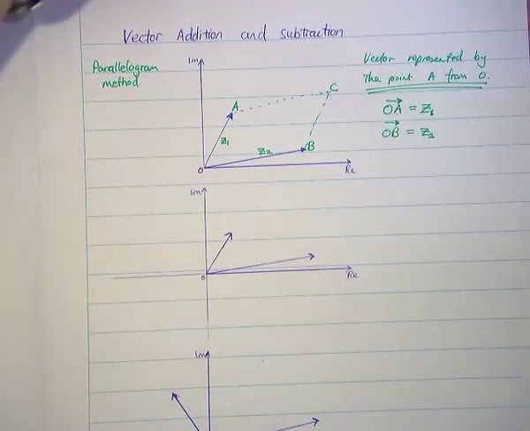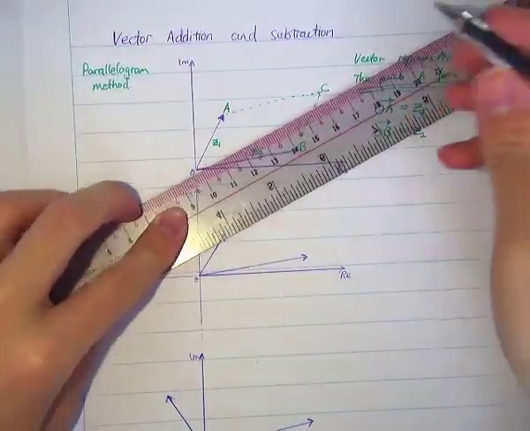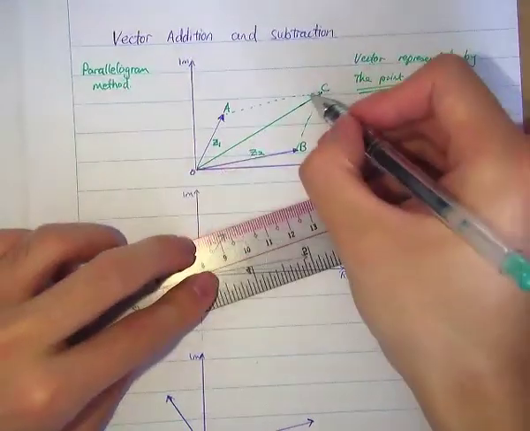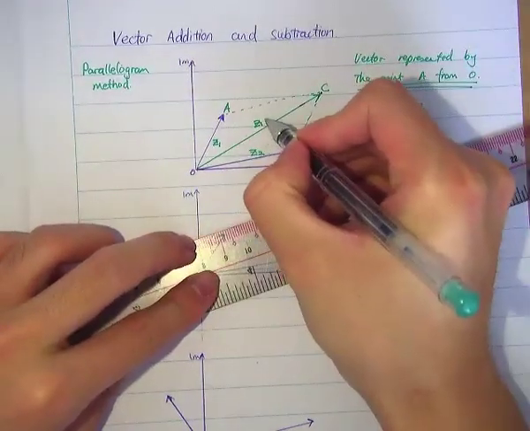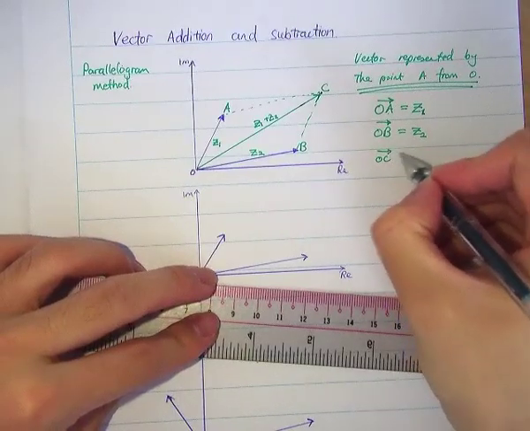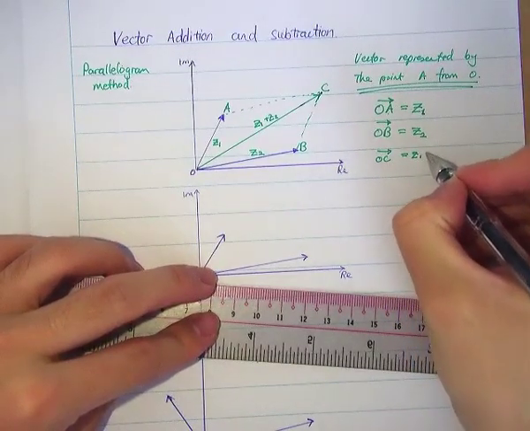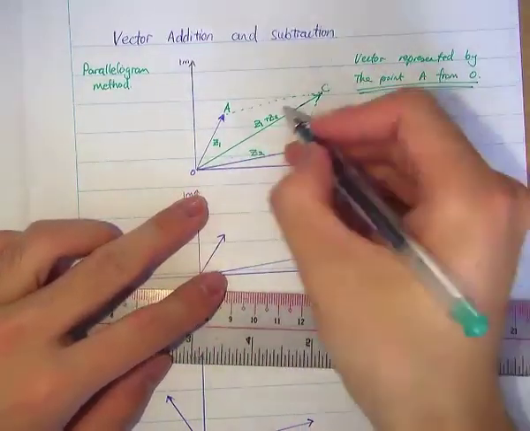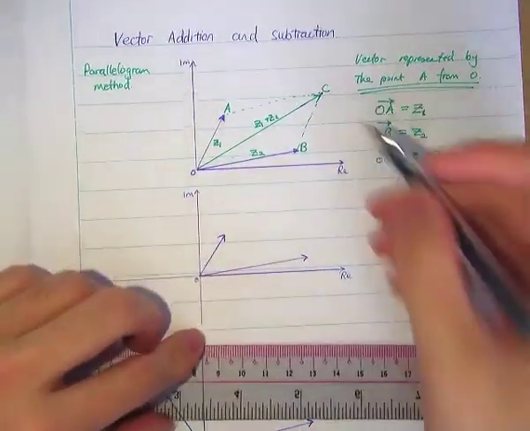So we simply have to join O to C, and that will be the vector Z1 plus Z2. On paper you would write it like this: OC equals Z1 plus Z2. And that's how this vector is represented on the Argand diagram.